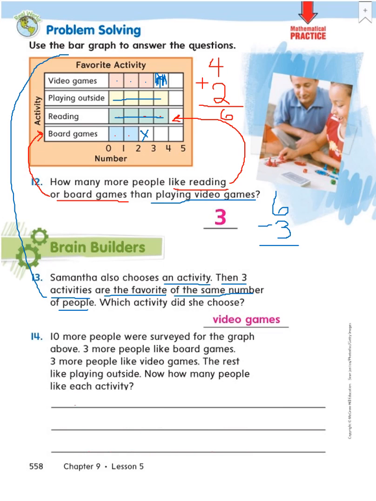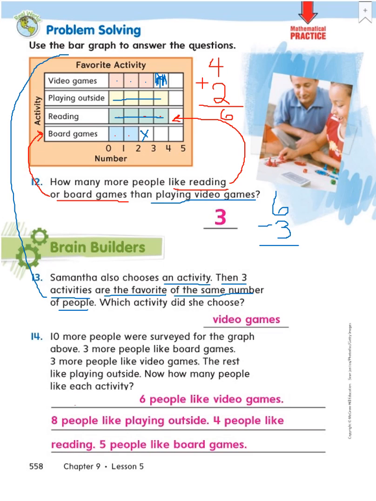Okay, here we go. If we do all this, 6 people like video games, 8 people like playing outside, and 4 people like reading, and finally 5 people like board games. Okay, all we've done is just add to the bar chart, to the bar graph, sorry.